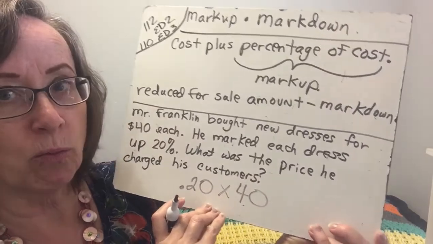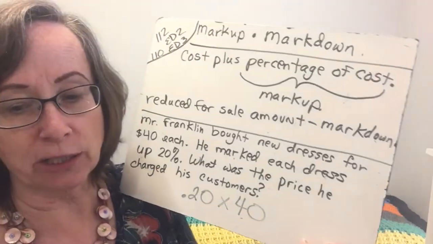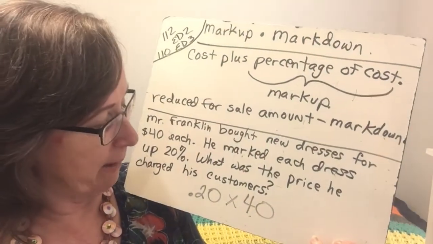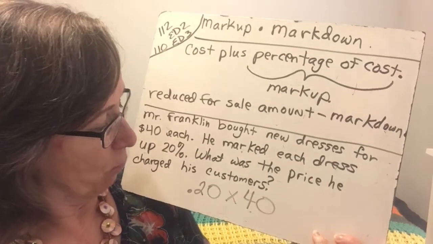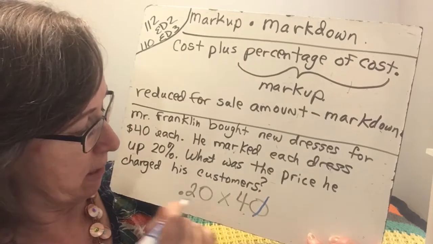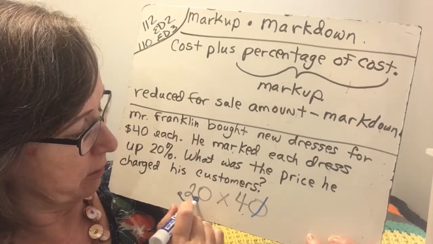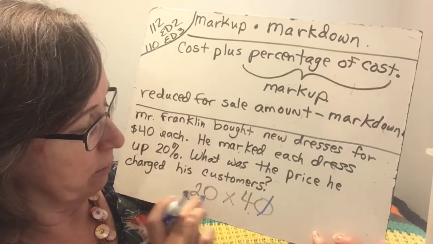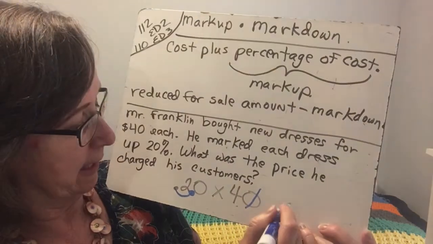We're trying to find out what he marked these dresses up by. This is easy because we can take this 0 and move the decimal 1 to the right. So we have 2 times 4 is 8.